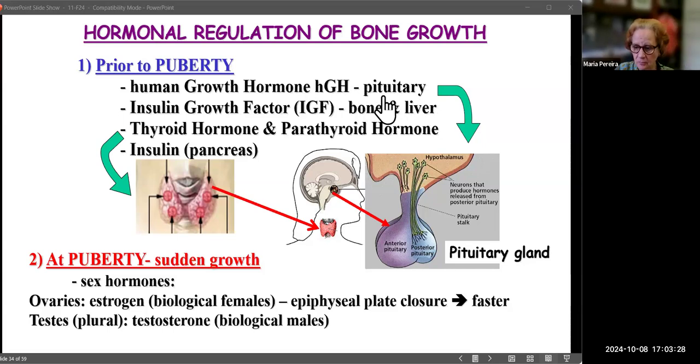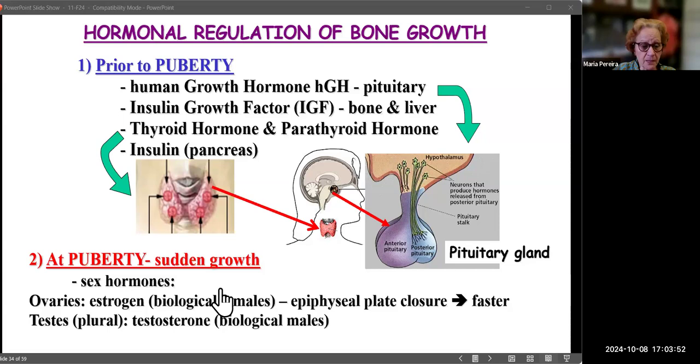This is clinically approved. So insulin-like growth factor produced by the bone and liver, and thyroid hormone and parathyroid hormone, which we are going to focus on. These mostly control calcium levels, and insulin in the pancreas. So prior to puberty, all of these factors control growth.